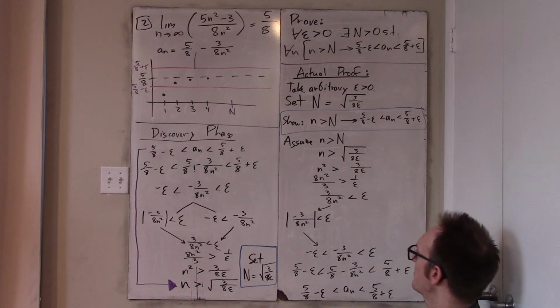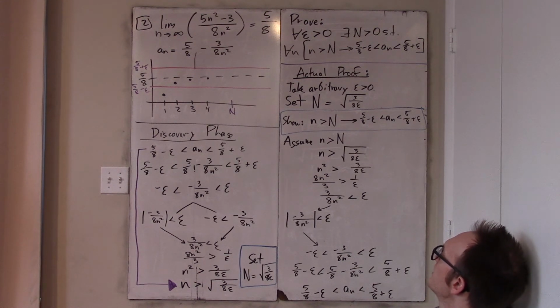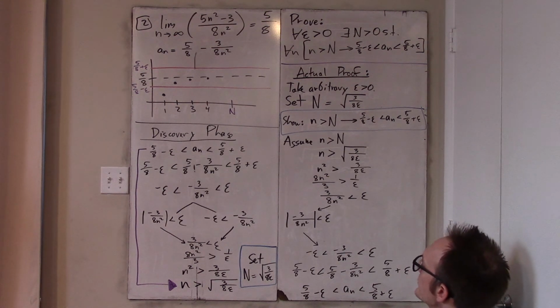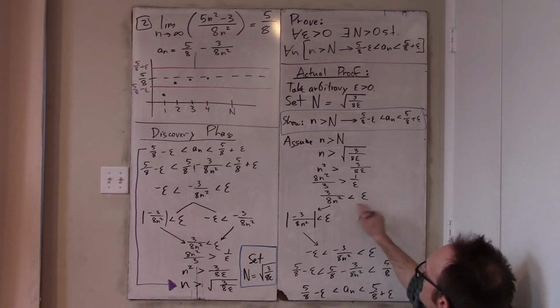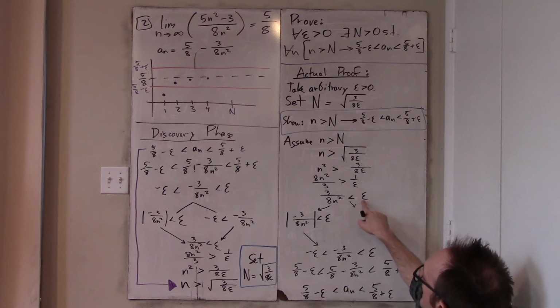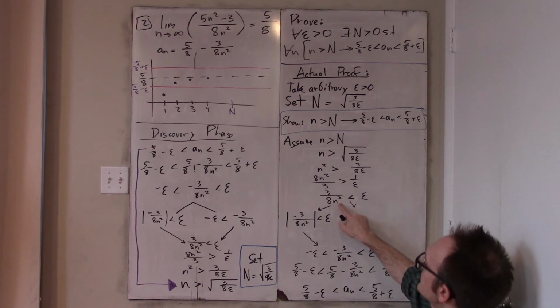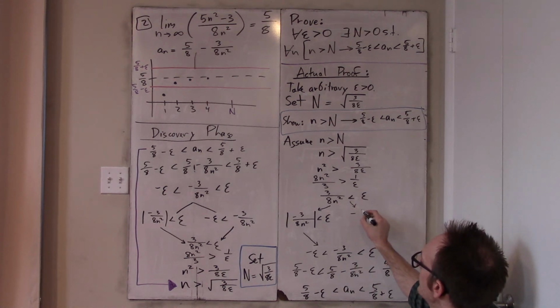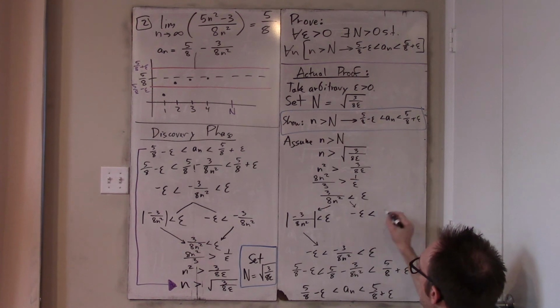If you find it kind of obscure to be using absolute values in this situation, as I think I do, you could instead do the following. Subtract epsilon from both sides, and subtract 3 over 8n squared from both sides. That gives you negative epsilon is less than negative 3 over 8n squared.